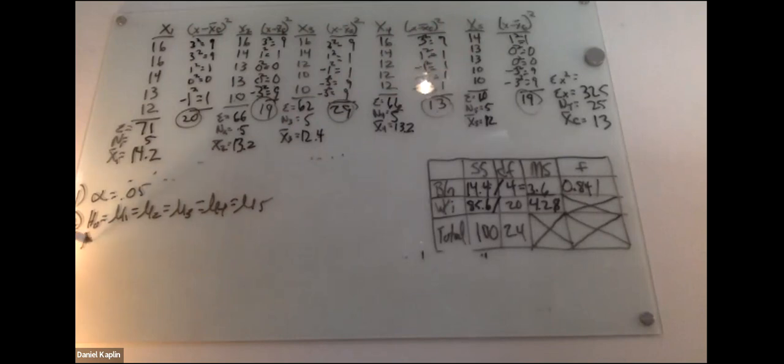The alternative hypothesis is mu1 is not equal to mu2, which is not equal to mu3, which is not equal to mu4, which is not equal to mu5.